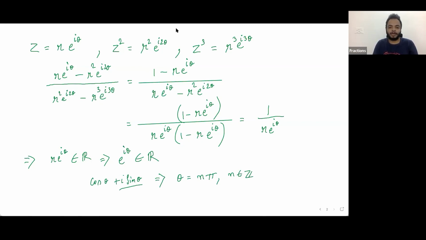Okay. And so since e to the power i theta is in R, we have z to be equal to a real number. And thus, we are done.